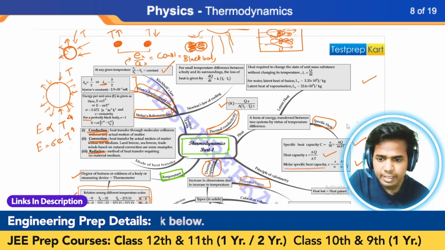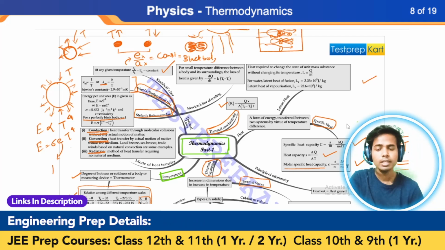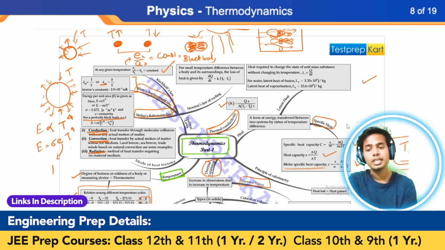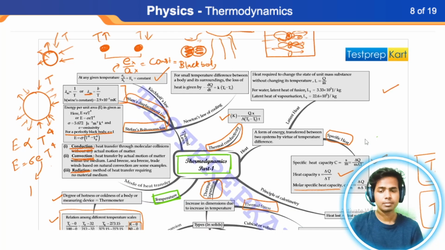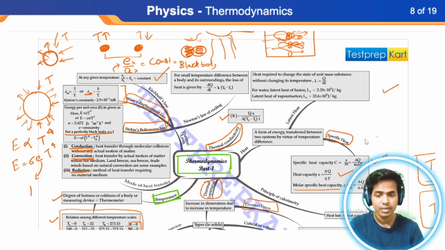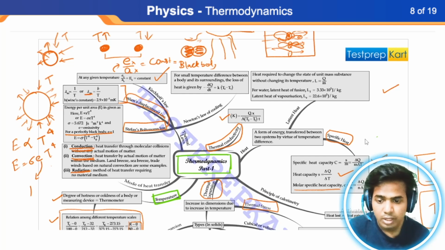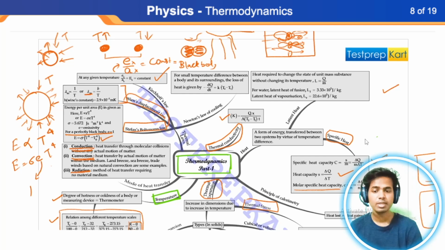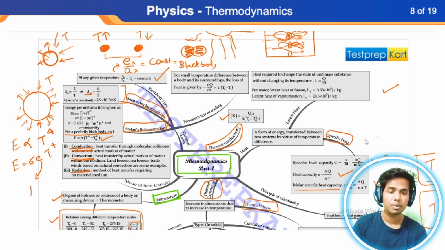Now, for a perfectly black body radiation, emissivity actually becomes 1. Why? Because emissivity is basically how much energy you are given and how much energy you radiate. For black bodies, they do it perfectly, in the 100% format. That's why they have emissivity equal to 1, and that's why the law looks something like this for a perfectly black body or black body radiation.